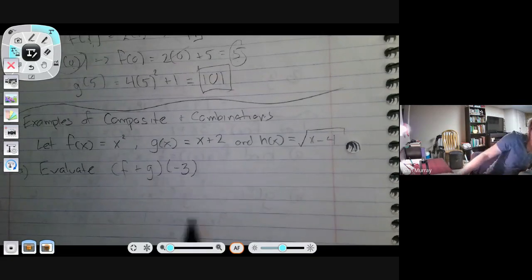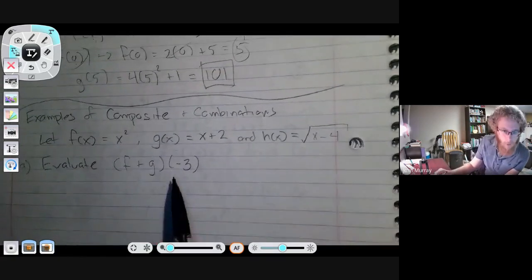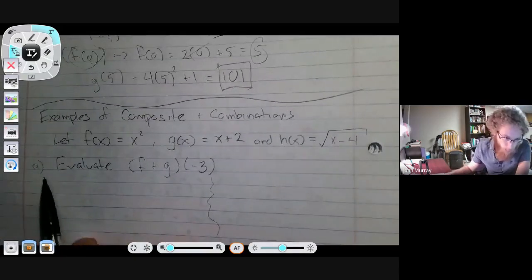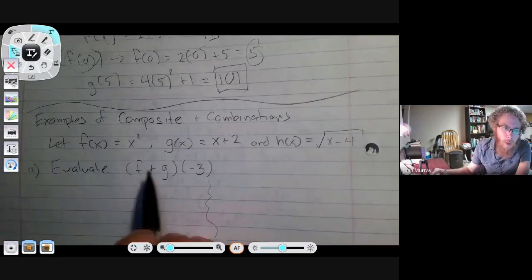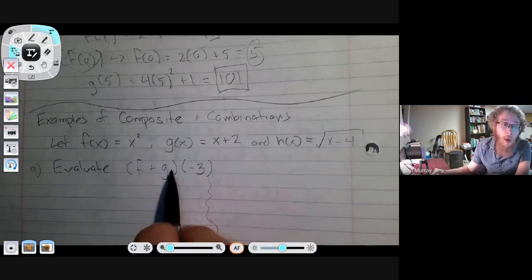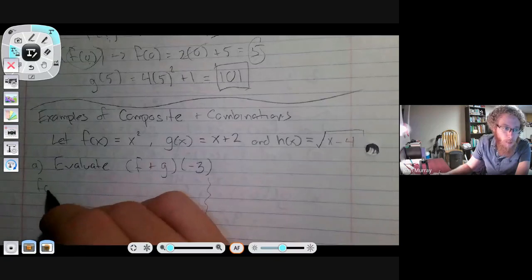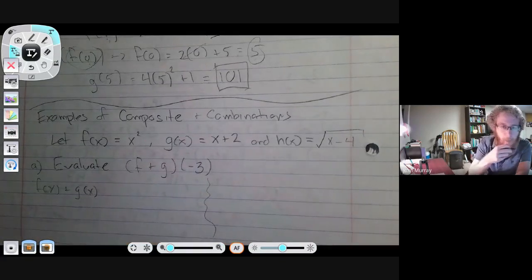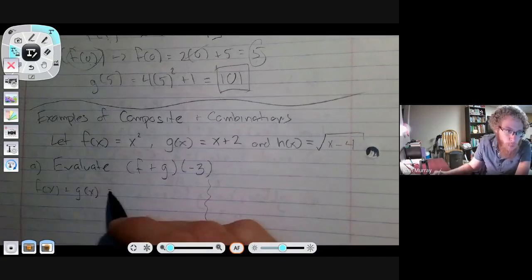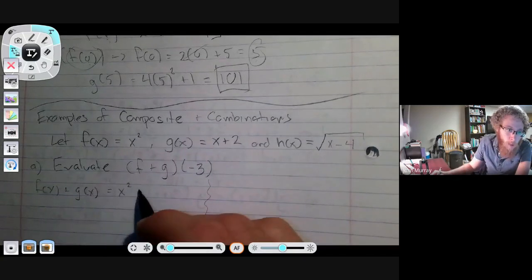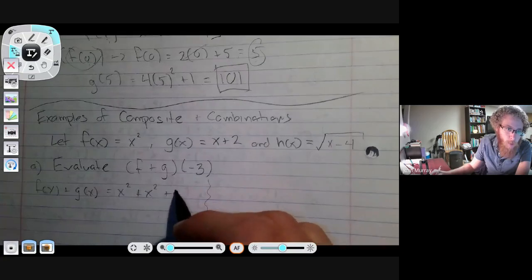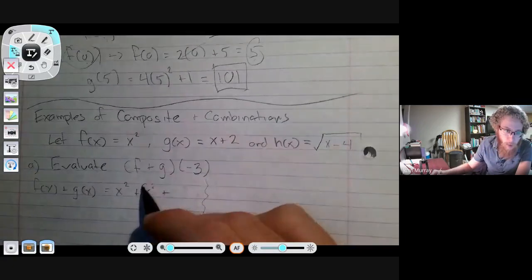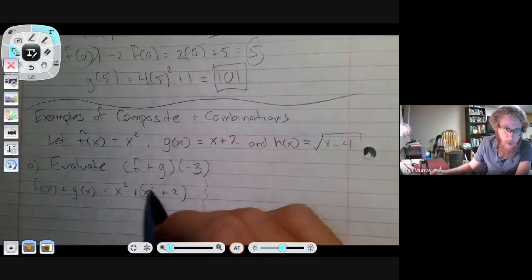All right, so again, like I said, I'll show you both ways. So if you did one or the other, hopefully you see it show up. The first thing you can do is combine the two, right? So you can find f of x plus g of x. In this case, there's no like terms, so you would just write it as a polynomial. So you have your x squared plus x plus 2.